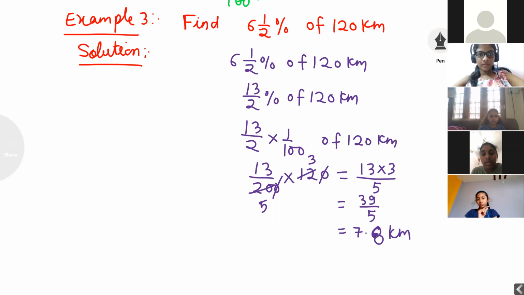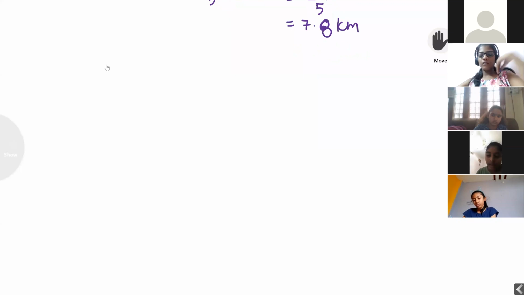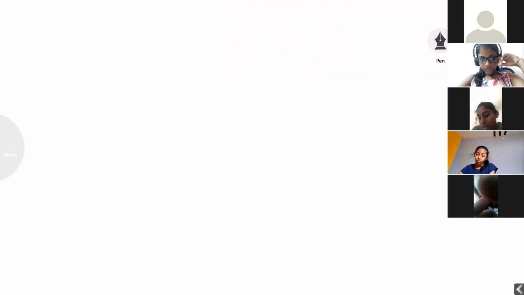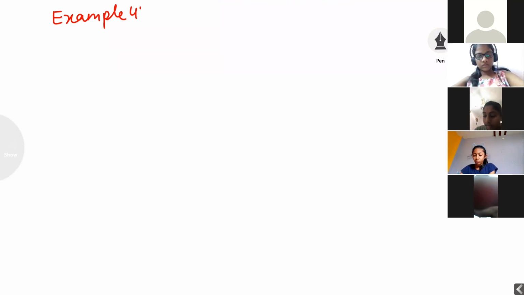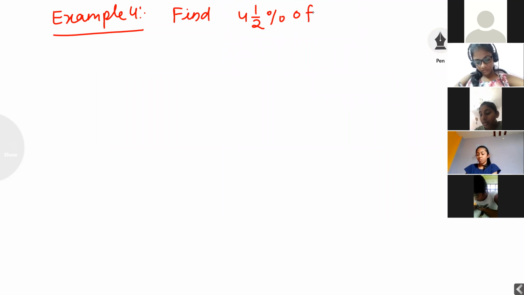Example 4: find 4 integer 1 by 2 percentage of 800.